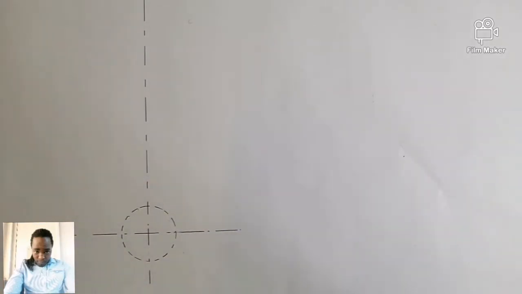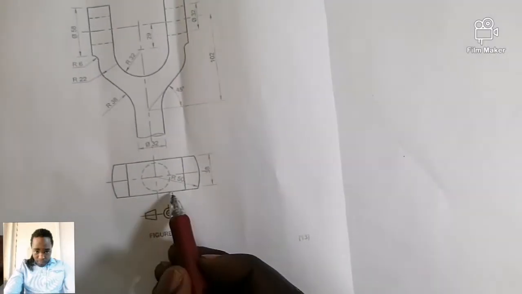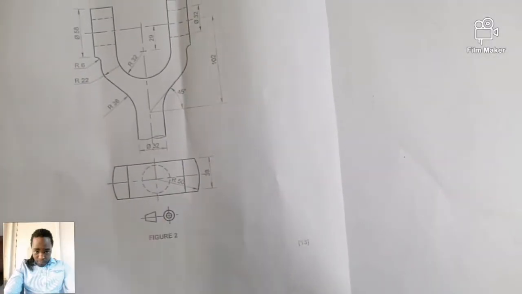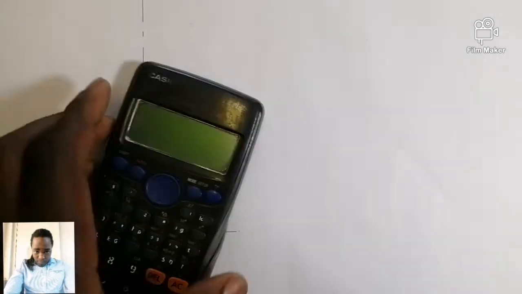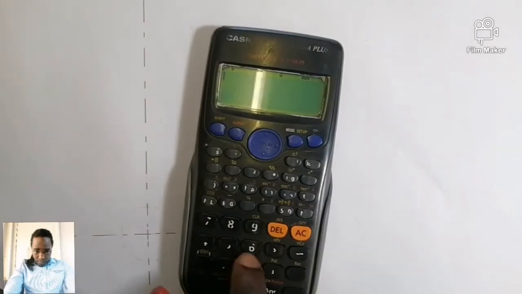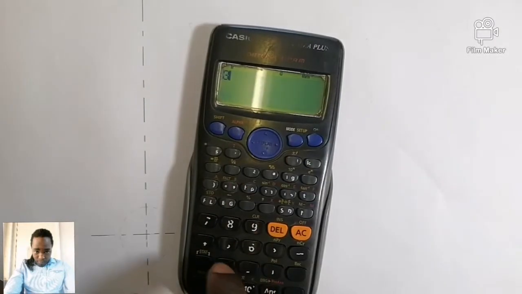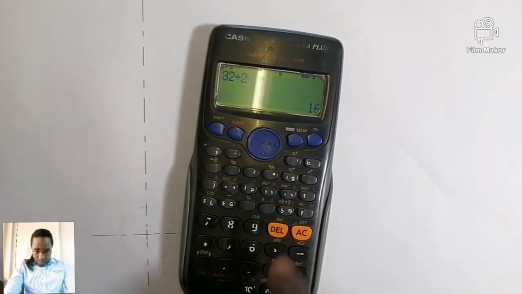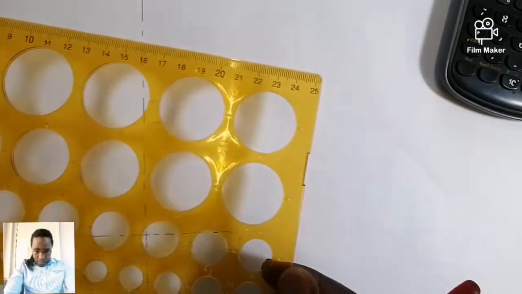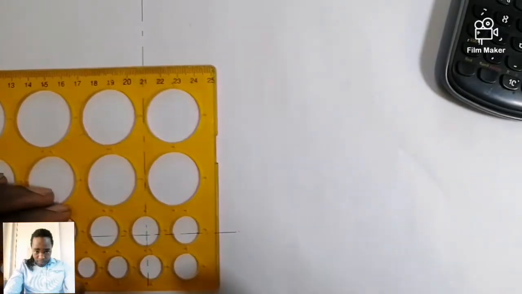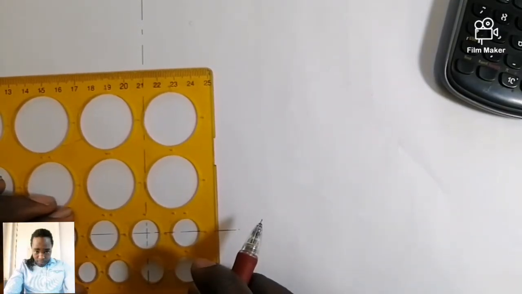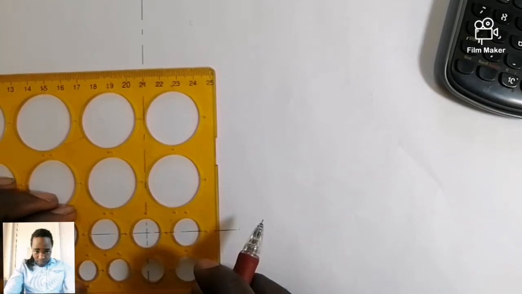Like this. Then from here till here, I've almost forgot, 32, not 35, 32 divided by 2, which means it's diameter 16. You understand? It's diameter 16, not 32. Almost forgot. Remember the reduction scale.